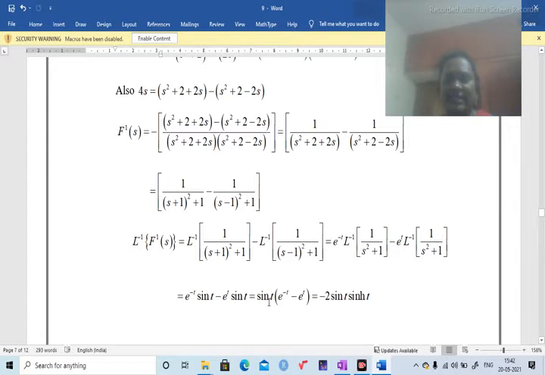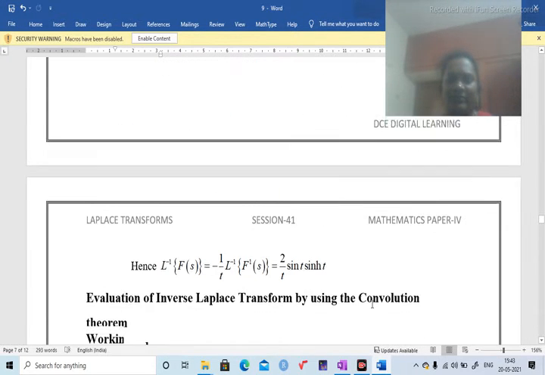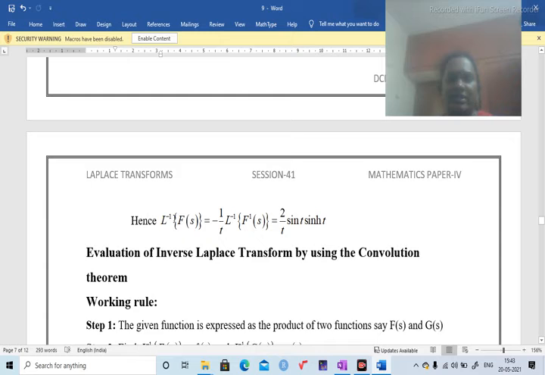Take sin t common and also minus common, then you are going to get e power t minus e power minus t. Multiply with 2, divide with 2. Then this term becomes sinh t. So L inverse of f of s equals minus 1 by t into L inverse of f dash of s. We know this value, substitute, then the final answer is 2 by t into sinh t.